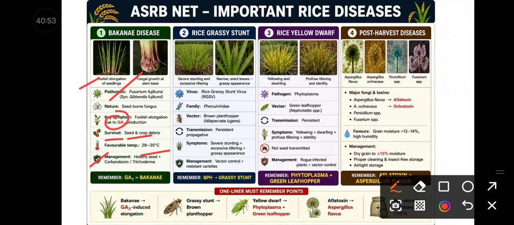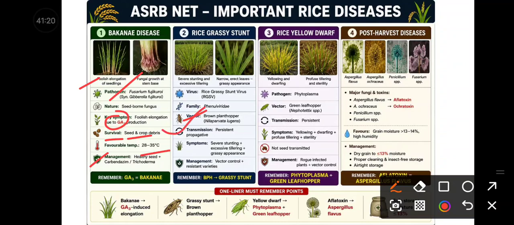Next, the major viral disease, rice grassy stunt. It is caused by rice grassy stunt virus. Most important is its vector. It is transmitted by BPH, Nilaparvata lugens. Remember the common name as well as the scientific name. Then transmission is persistent propagative.